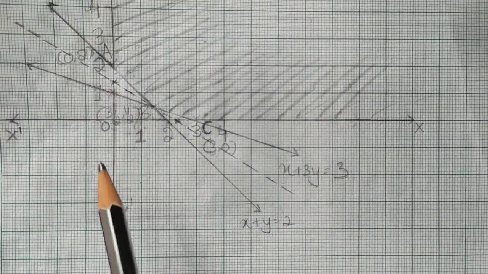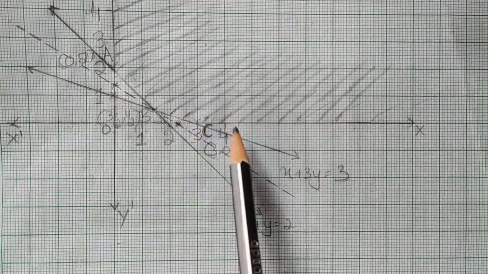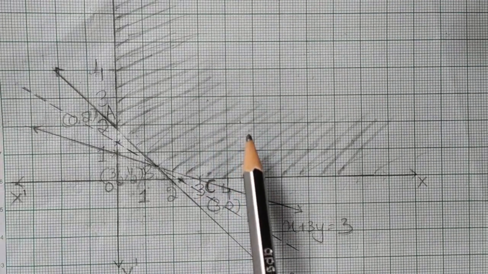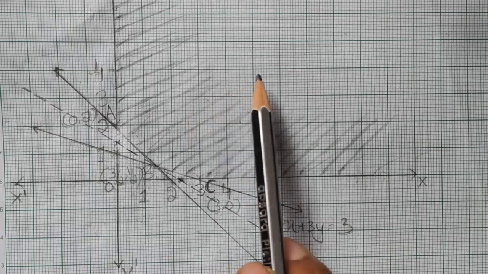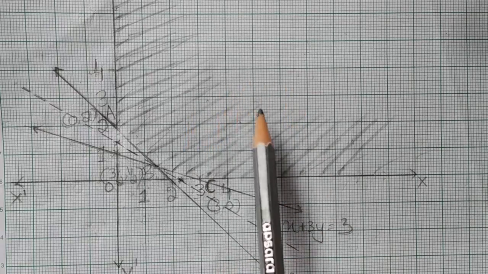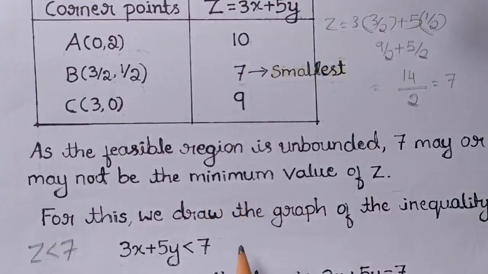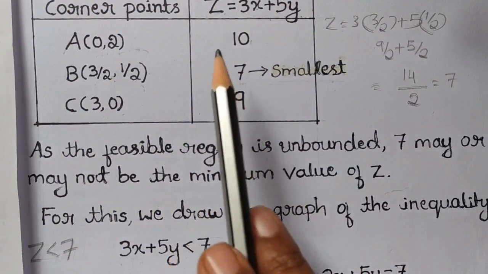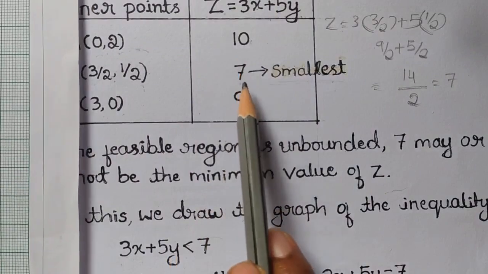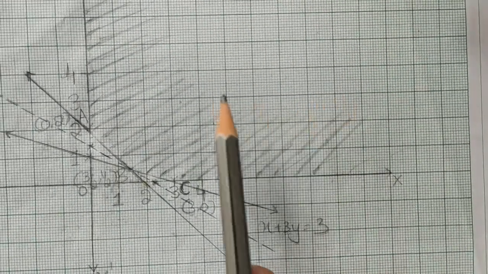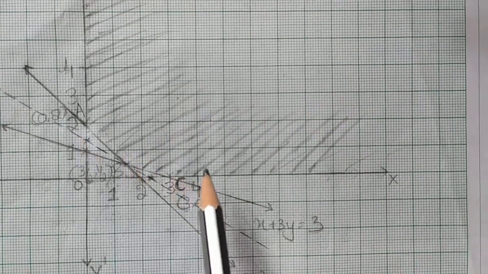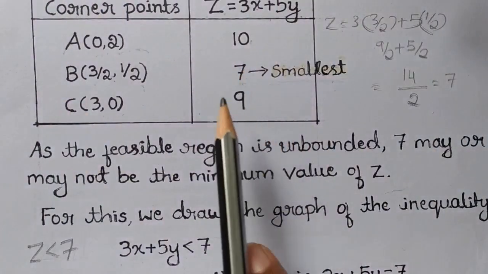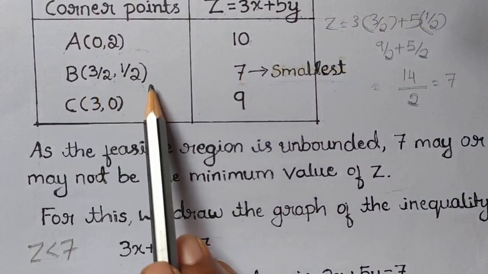These points do not lie in the feasible region. So we can conclude that there does not exist any point in the feasible region which satisfies this inequality and gives the value of z less than 7. Then we can conclude that 7 itself is the minimum value, that is, the least value of z, which is obtained at this corner point.